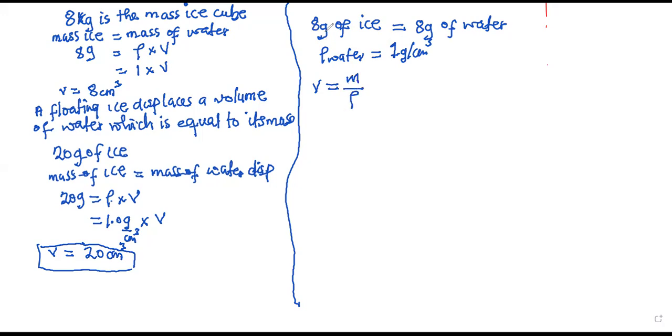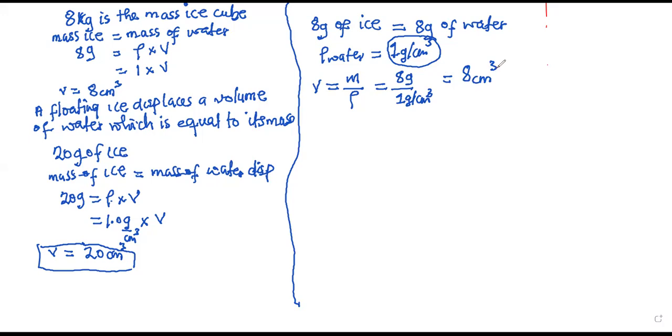So when the 8 grams of ice melts, it will produce 8 grams of water, whose density is equal to 1 gram per cm cube. Therefore, the volume of the melted water would be the mass of water, which is 8 grams, divided by the density of water, which is 1 gram per cm cube. So the volume of water which will be formed after melting will still be equal to 8 cm cube.